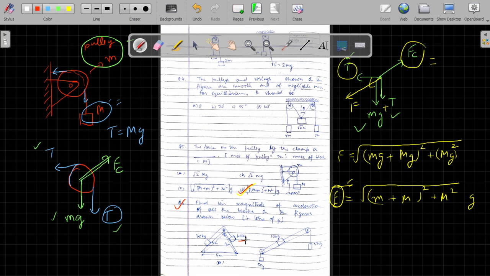So these two masses are 1.0 kg each, and we have to find the acceleration of these two blocks which are kept on a pulley.